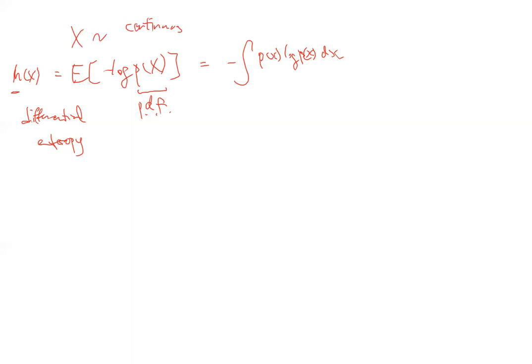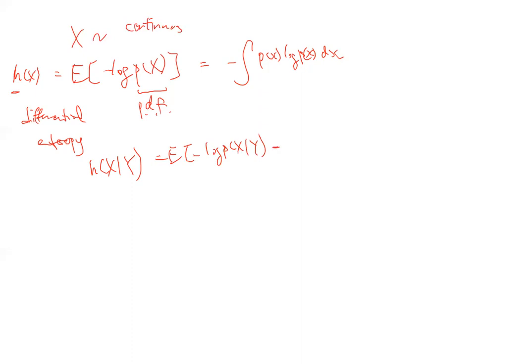Maybe I do some numerical examples first, then I go further. But before that, I want to mention that the same kind of analogy can be used here for continuous variables as well. For example, I can define the conditional entropy, the differential conditional entropy, as the expected value of minus log p(x given y).